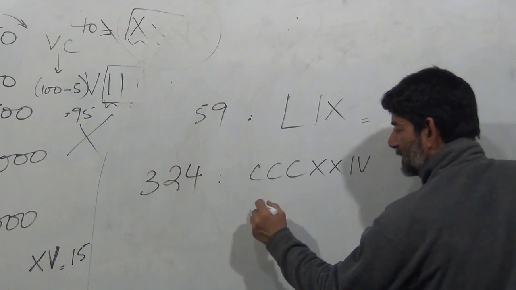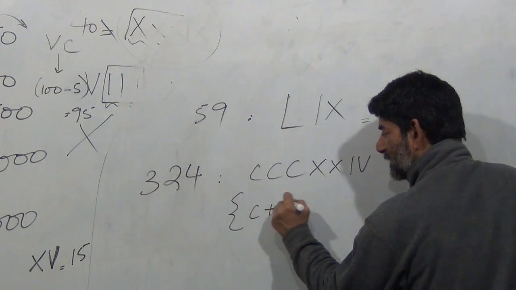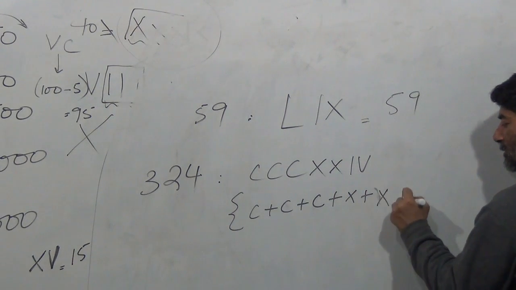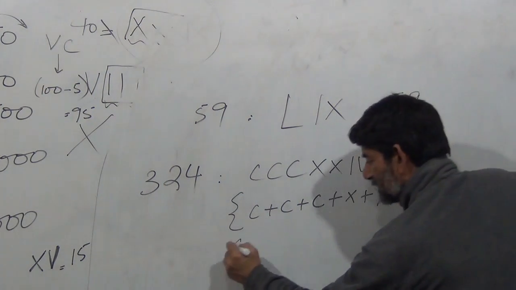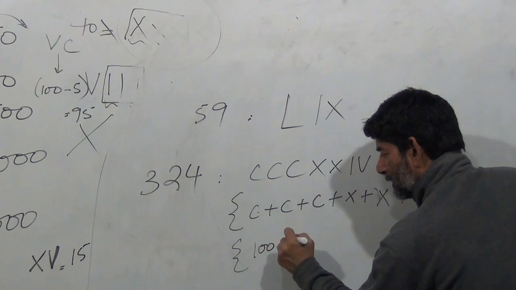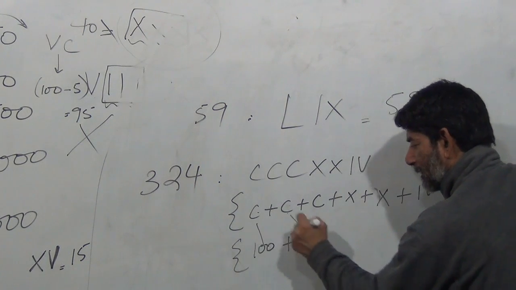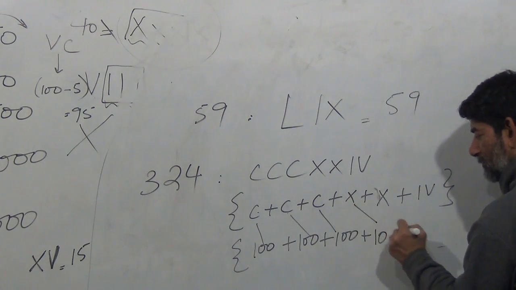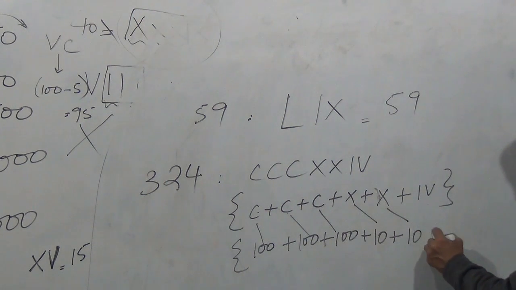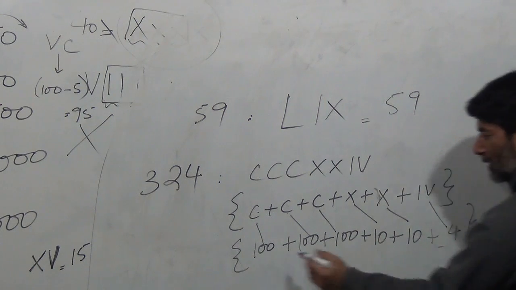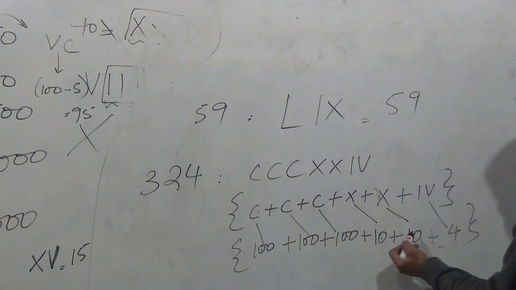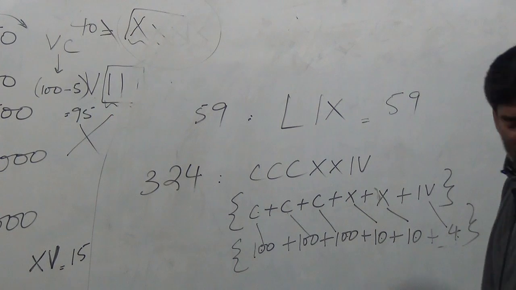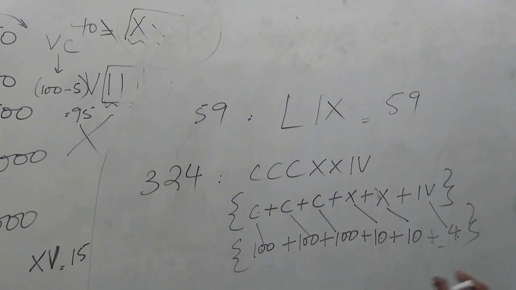What this basically means is C plus C plus C plus X plus X plus V. This is 100, this is 100, this is 100, this is a 10, this is a 10, this is a 4. 100, 200, 310, 320, 324, right? Let's take another one. Let's say I want to write 400.